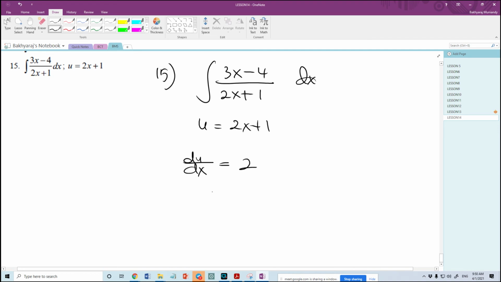I want dx, so dx will be equal, so you need to shift the place. When you shift the place, you get 1 over 2 du.